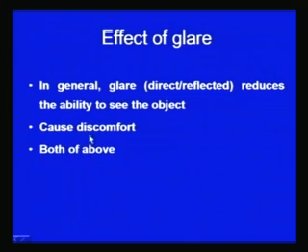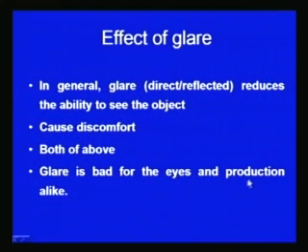These are the two ways by which glare can affect visibility or the quality of the visual environment: it can reduce the ability to see the object, and it can cause discomfort to the worker. In some cases both effects are caused by glare, and therefore the adverse effect of glare, whether direct or reflected, should be reduced.